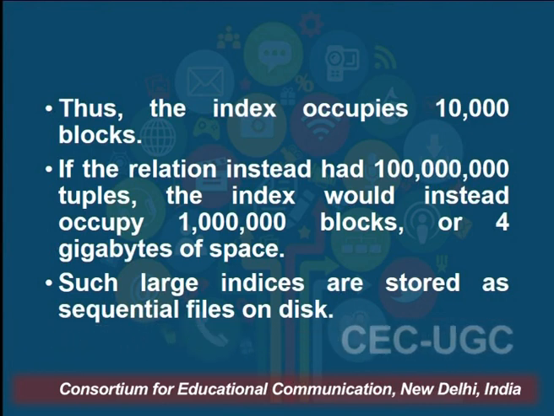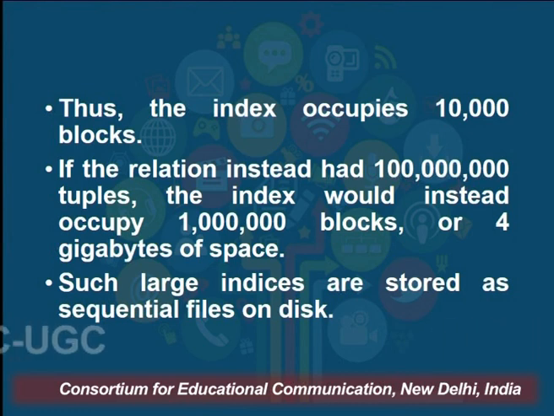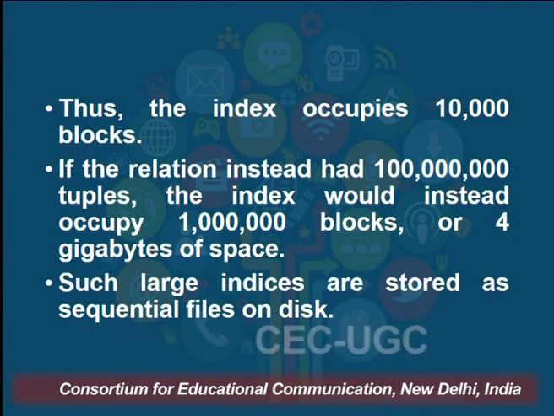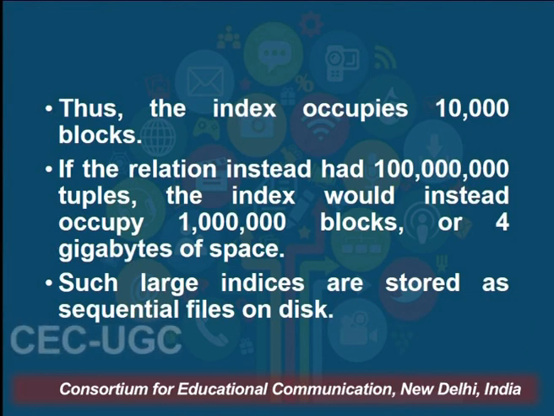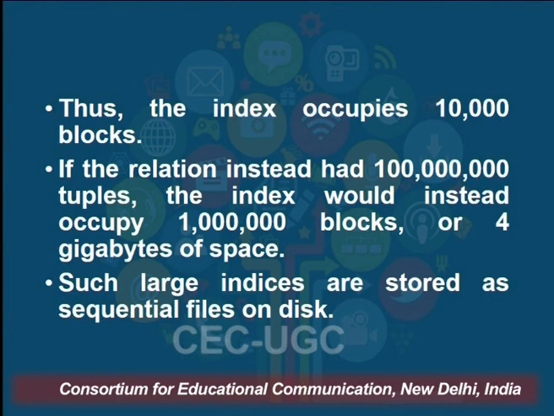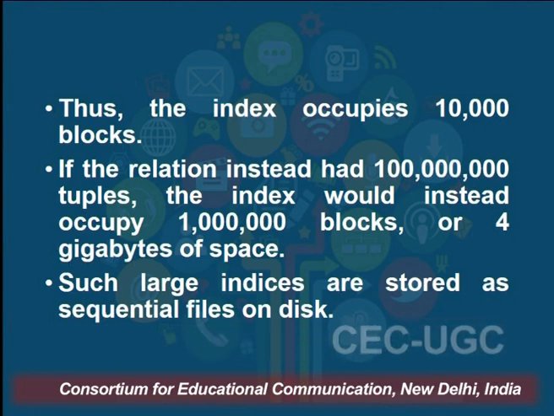So 4 gigabytes of space just for the index is huge. I mean, what we are talking about is the storage occupied by the index, not the storage of the relation.